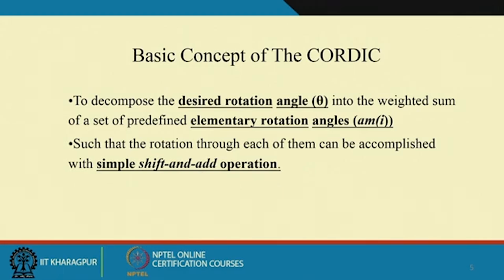The concept is that if I need a desired rotation angle that is arbitrary, that is user dependent, whether 90 degrees, 45 degrees, 30 degrees or 60 degrees, then based on some predefined elementary rotation angles, it tries to calculate the desired angle. We will see how later.